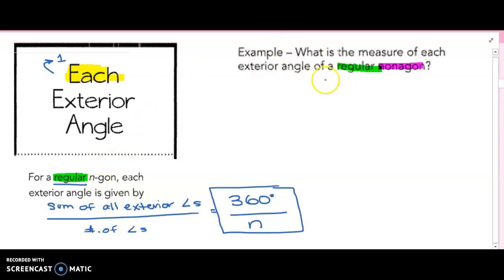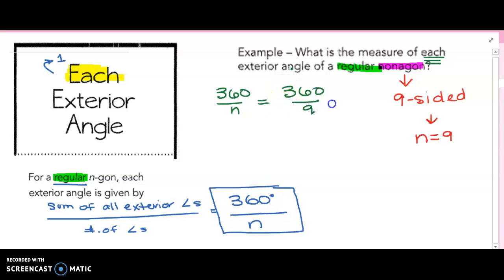Now for those of you who have forgotten, a nonagon is a 9-sided polygon, and therefore my n is 9. Okay, so to find the measure of each exterior angle, or one exterior angle, I would just take 360 divided by n, but my n is 9, so 360 divided by 9 gives me 40 degrees. So each exterior angle would measure 40 degrees.